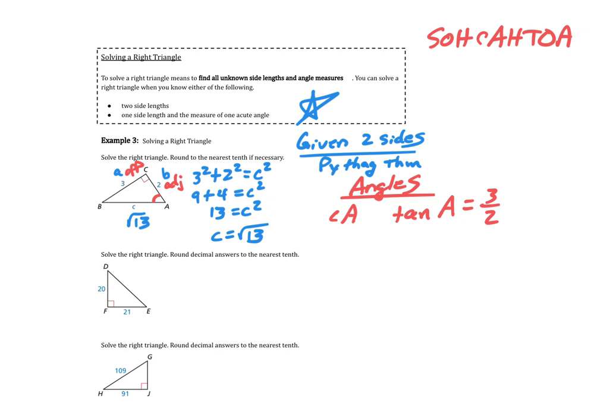This comes first, this comes second, so this goes on top, this goes on bottom. Opposite over adjacent, always. So 3 over 2. Once we get to this point here, now we're going to use our calculator. We've got to write the equation out first. And this is what we did just a second ago. Anytime that I'm looking for an angle measure, I'm going to use the -1 button.